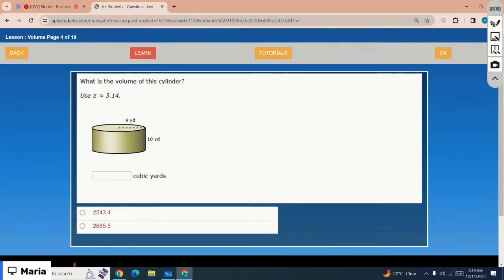The correct option is 81 times 10 times 3.14. The correct option is 2543.4. Option number 1 is the correct option, right?